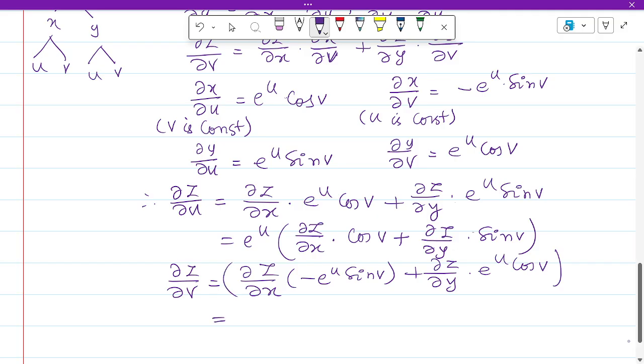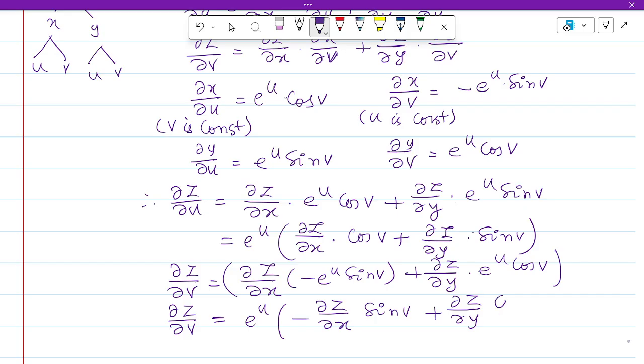Therefore, if you take that e^u outside, then ∂z/∂v becomes e^u outside, minus ∂z/∂x sin v plus ∂z/∂y cos v, since you are taking that e^u outside.